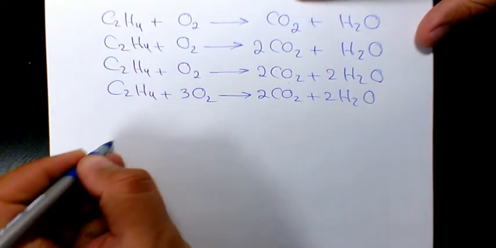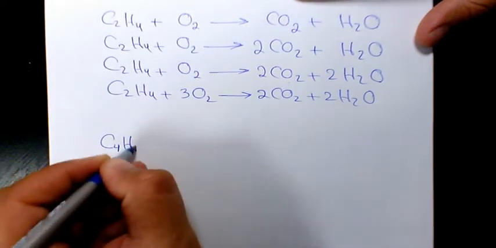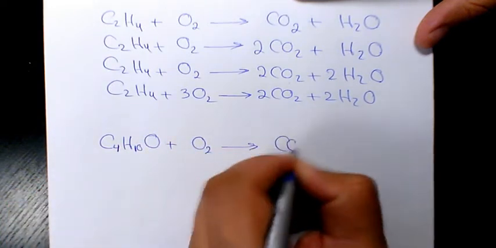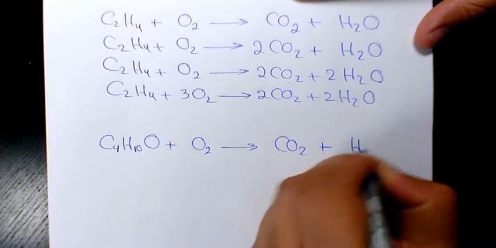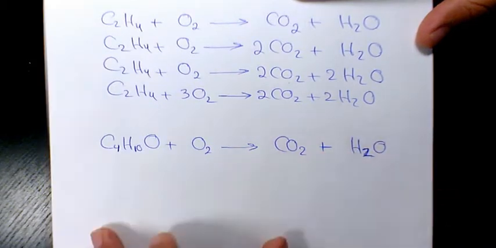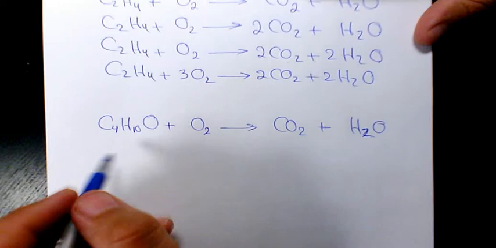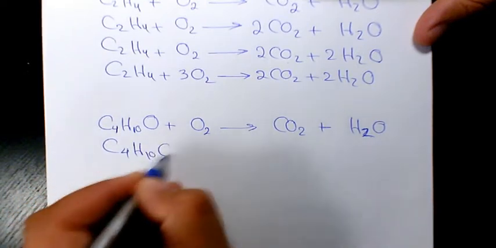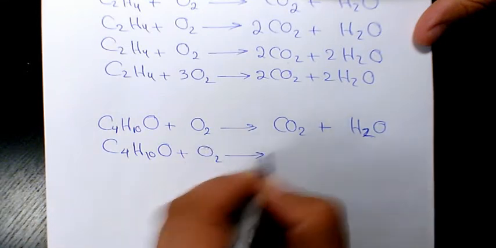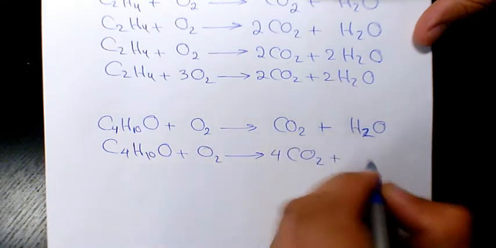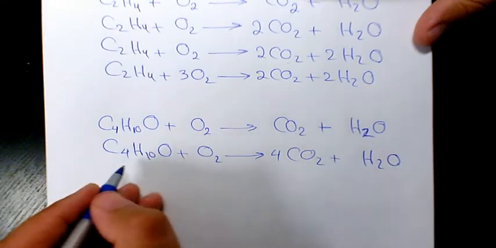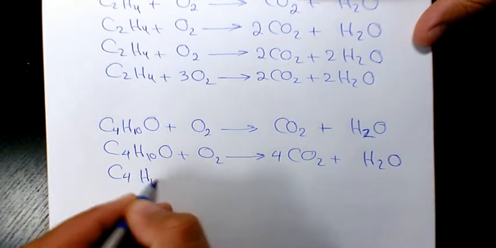Now C4H10O plus O2 is going to give us CO2 plus H2O. So we have 4 carbon. We need to place 4 in there. We have 10 hydrogen in here, so we need to have 5 H2O.